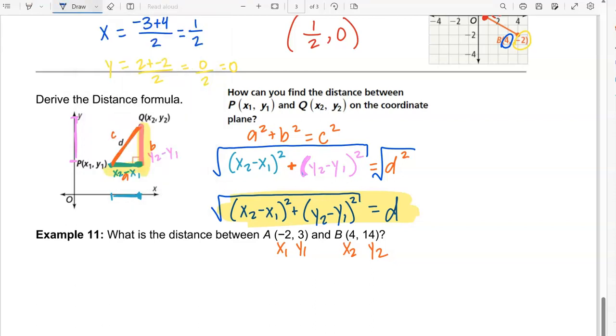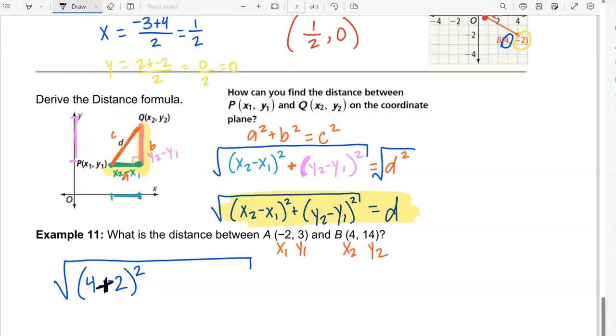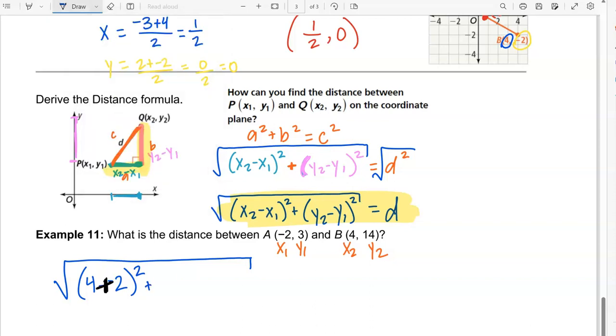So to show you what it would look like in the formula, you would have the square root of x2 minus x1, 4 minus negative 2 squared. Again, that minus negative 2 becomes a plus. y2 minus y1, 14 minus 3 squared.